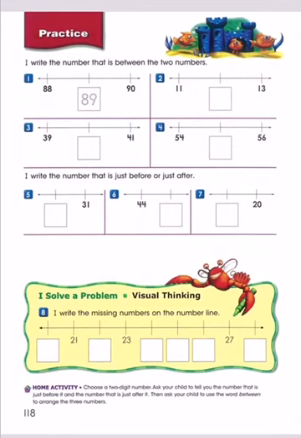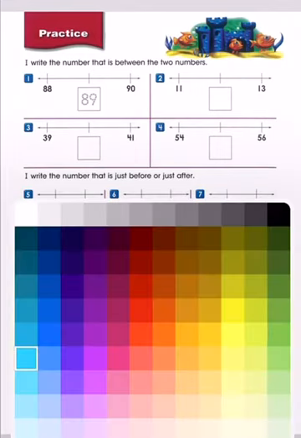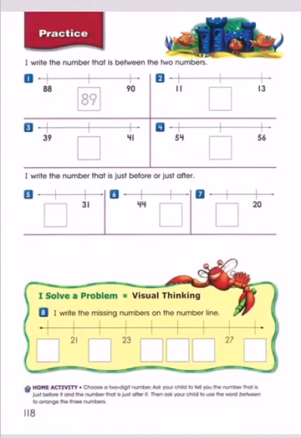We have some practice here. It's so easy, about the same practice that we did. We use the black one. Okay. Number 1, I write the number that's between the two numbers. It's about between. Okay, we have 2 numbers here. It said, what's the number that came between 88 and 90?